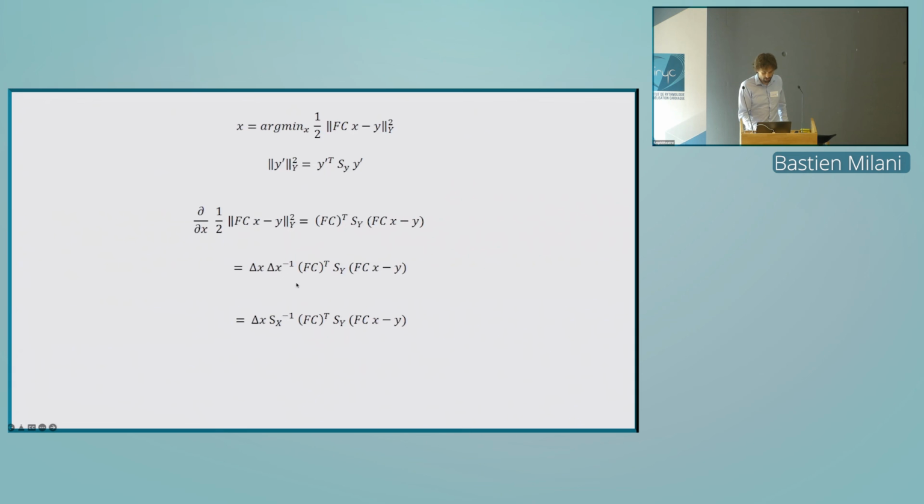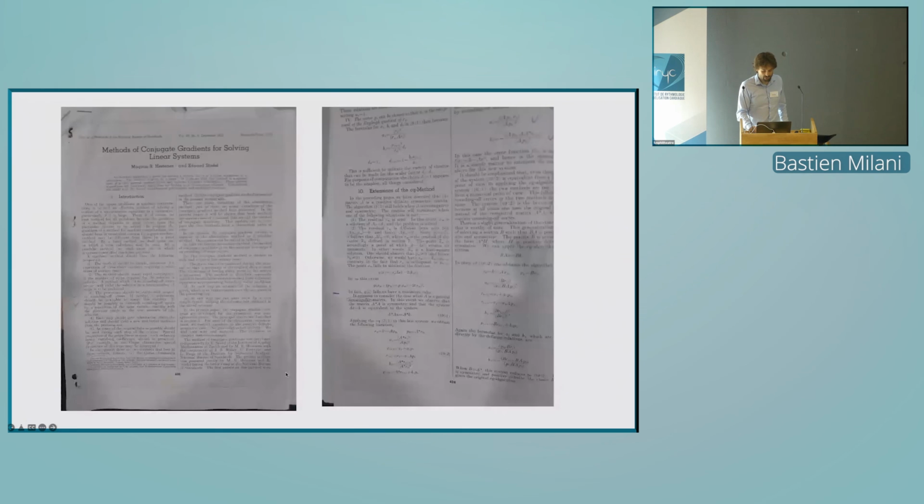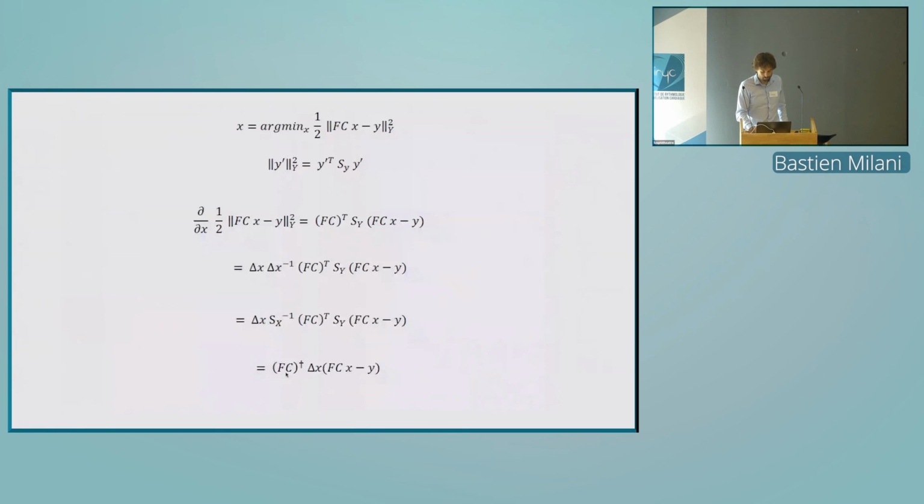And if you write it like Sx minus 1, you see the adjoint appearing here. And putting this scalar in front of the parenthesis, you see that the gradient is the adjoint map times something. That means that the gradient of the data fidelity term is in the image of the adjoint.